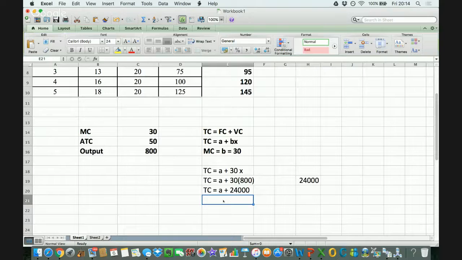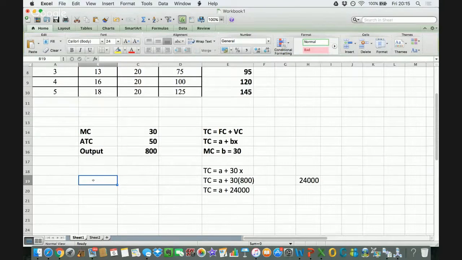Okay. So we need to get what's known as your fixed cost. So a little calculation further to do is we need to identify what that average total cost is. And we're told the average total cost is 50.